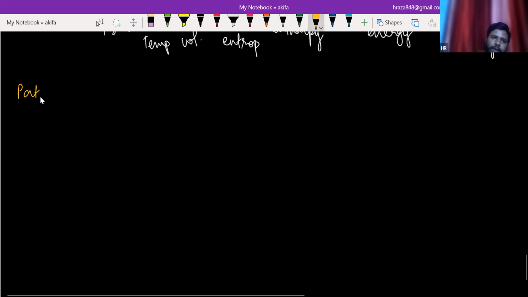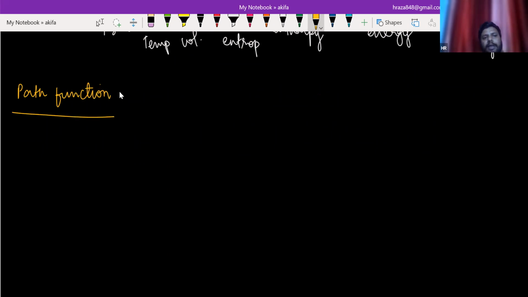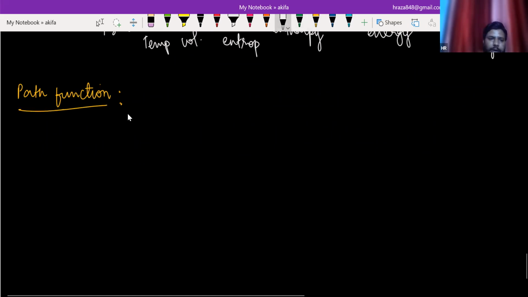We are going to take path function. What is a path function? A function which depends upon initial and final state as well as on its path is called a path function.